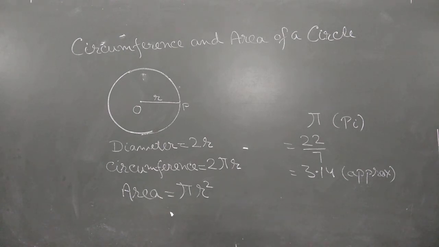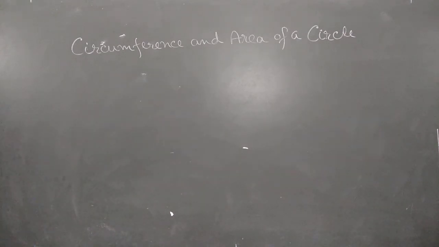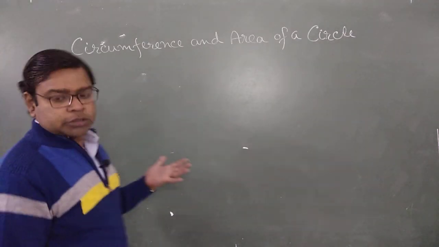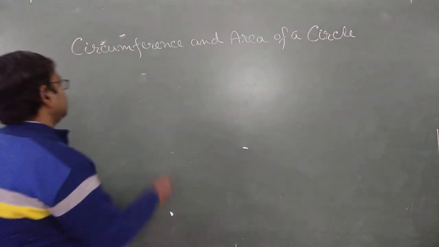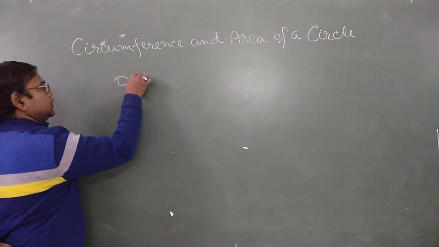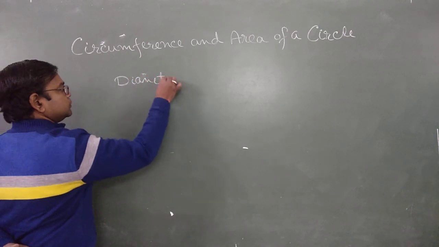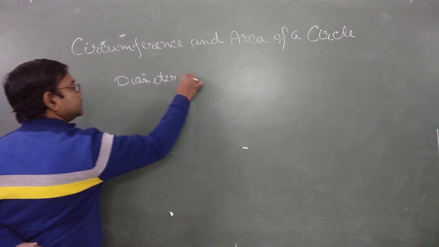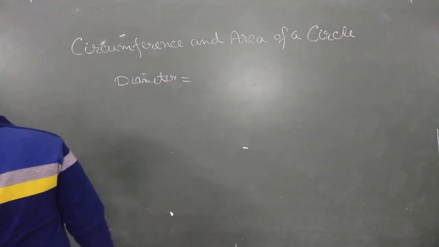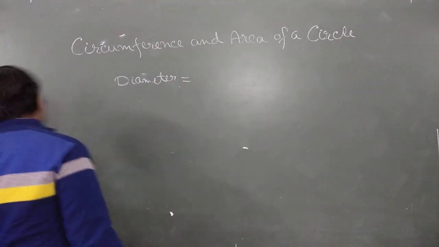Now move to some questions, and we will solve them so that you can easily understand. In the question, suppose the diameter is given. The diameter of a circle is equal to 56 centimeter.